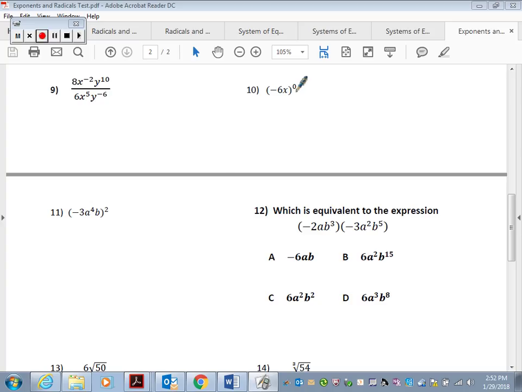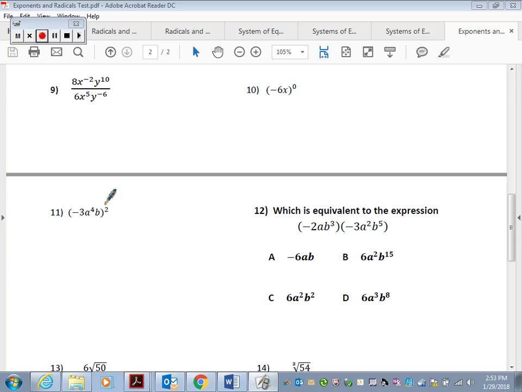Anything raised to a power of 0 is 1. The answer is 1 for that one. Moving on. Negative 3 squared. Make sure that since this is in parentheses, I put it in parentheses in the calculator. So it's going to be 9. Power to a power, that's where I multiply, guys. 9a to the 8th, b squared.